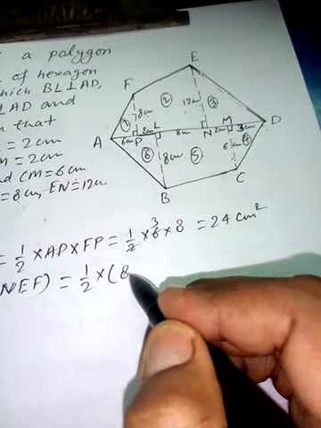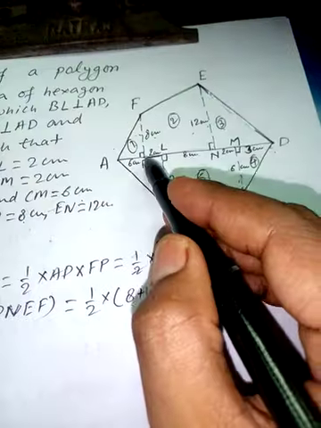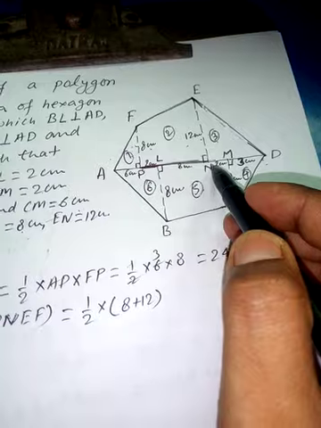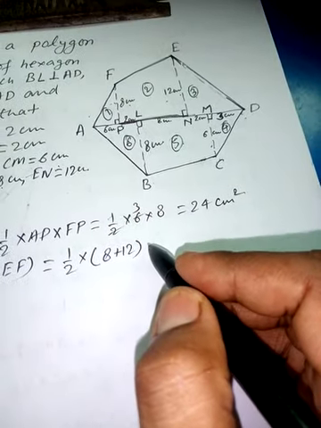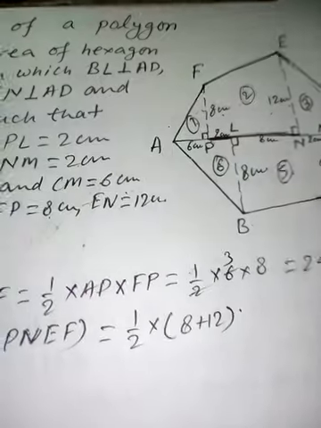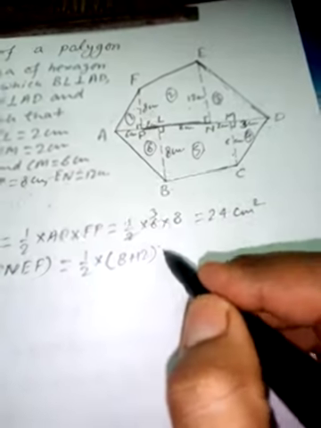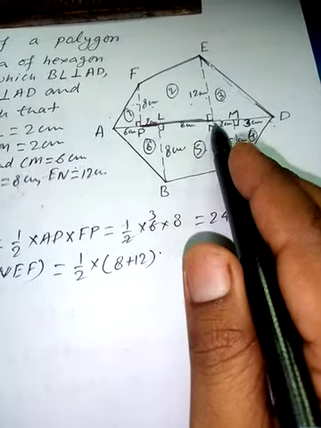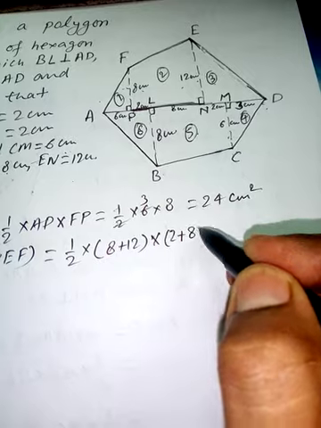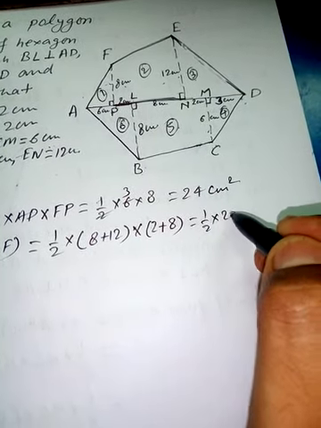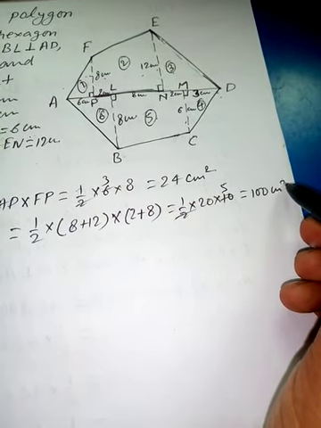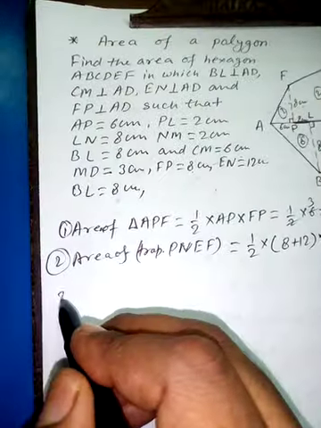So 8 plus 12 into the distance between them, PN, that is PL plus LN, which means 2 plus 8. That is 1 by 2 into 20 into 10, 100 centimeter square.